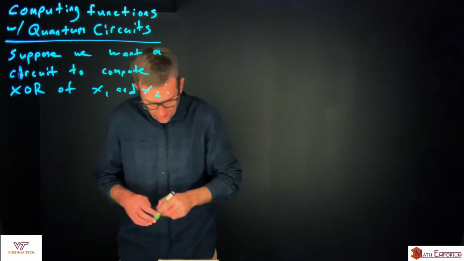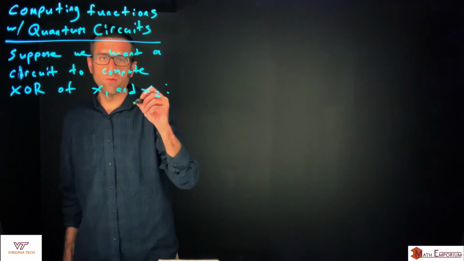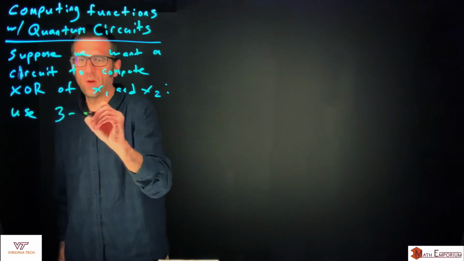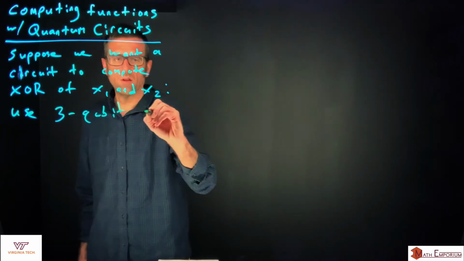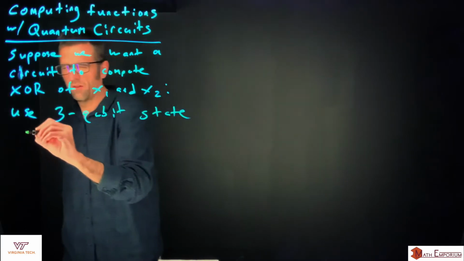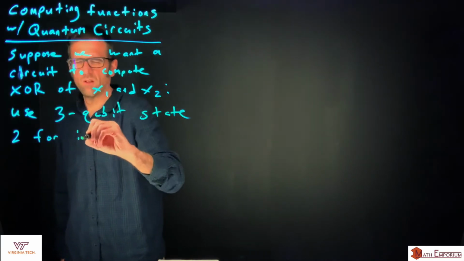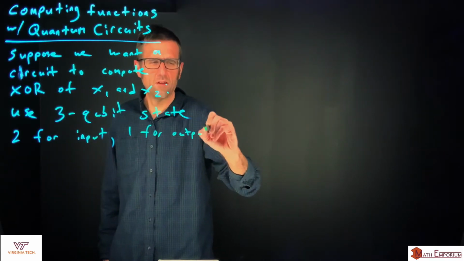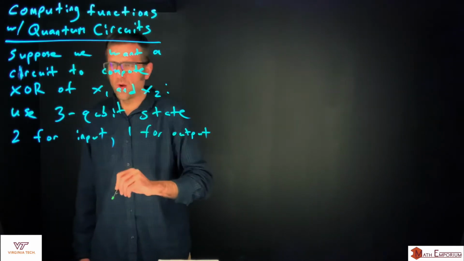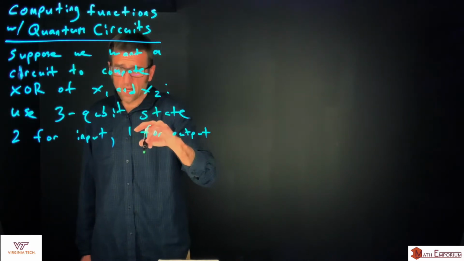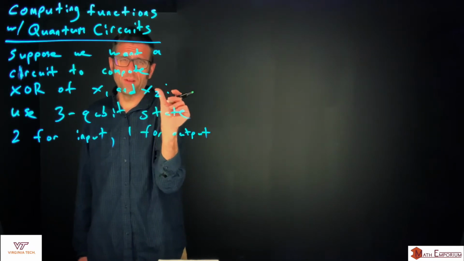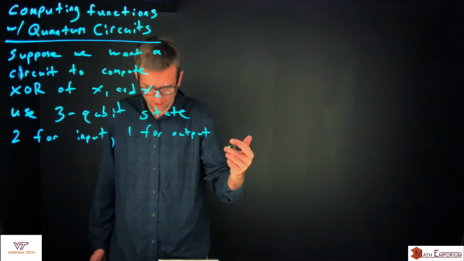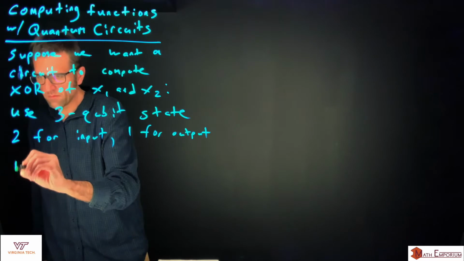So we'd use 3 qubit states: 2 qubits for the input, 1 for the output. When I'm going to compute this function, I would initialize the input qubits with x1 and x2 respectively, and the output qubit I would want to initialize to 0.